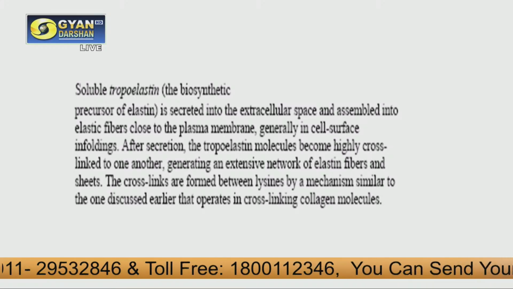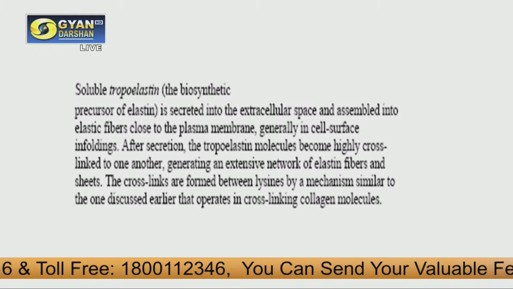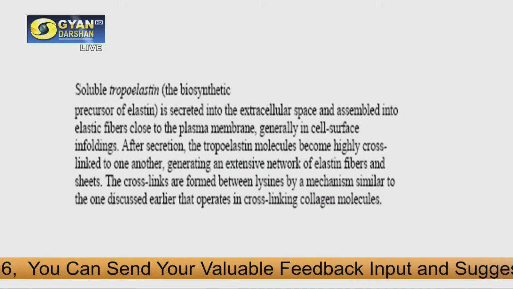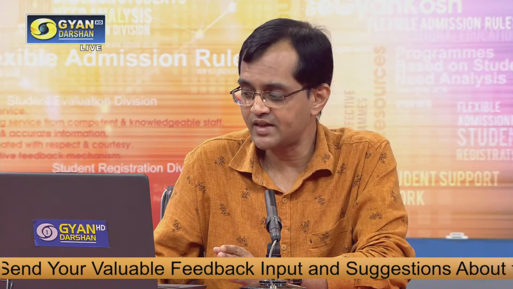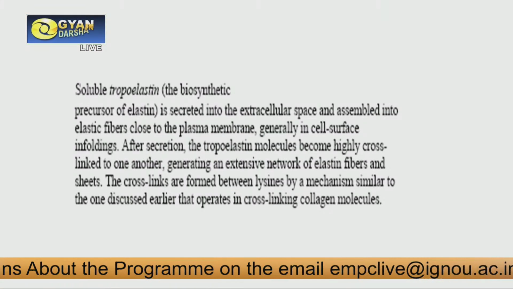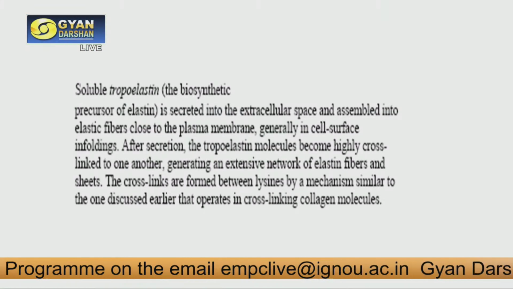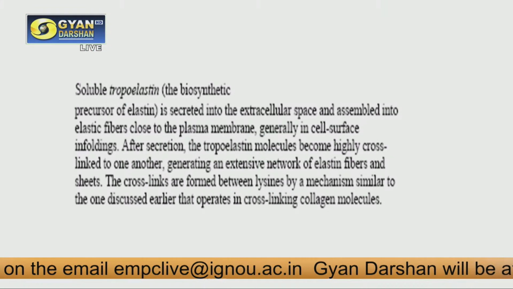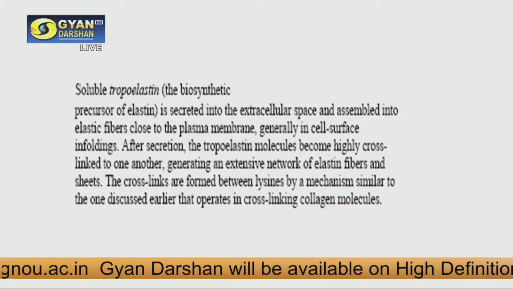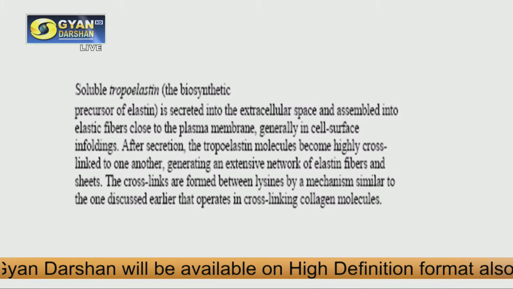The cross-links are formed between lysine by the same mechanism that operates in the collagen molecules. So, the extensive cross-linking occurs between lysine, which is another amino acid. That extensive cross-linking finally gives rise to a matured elastin molecule.